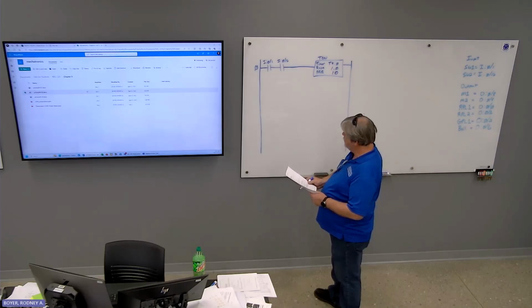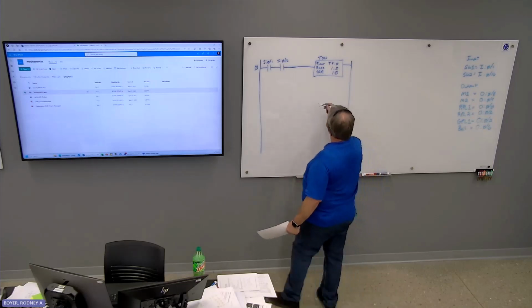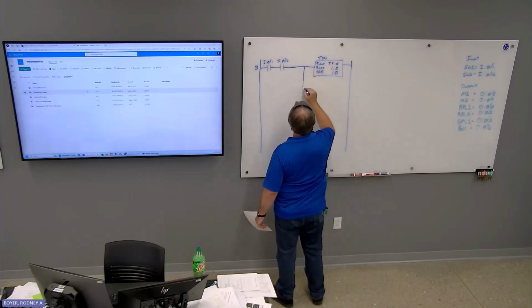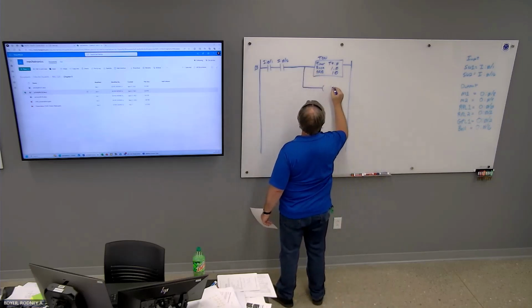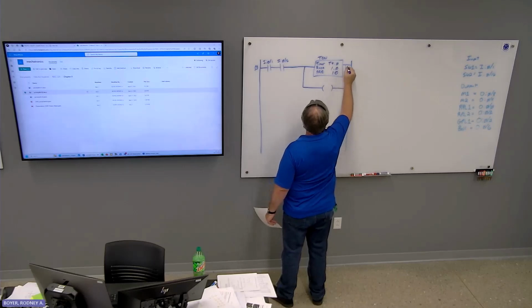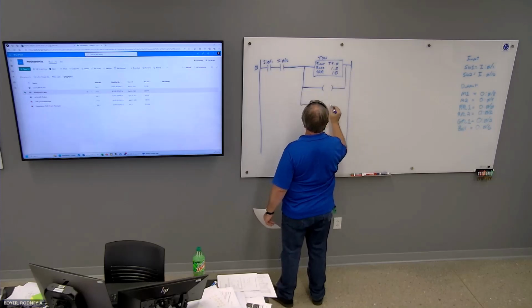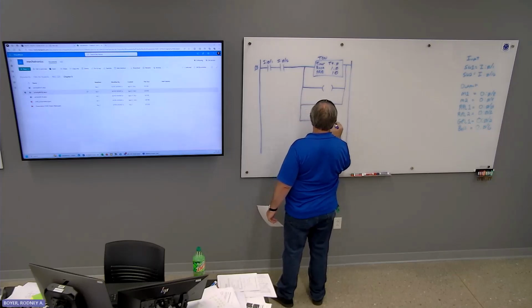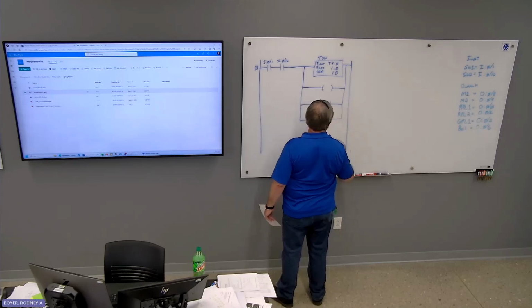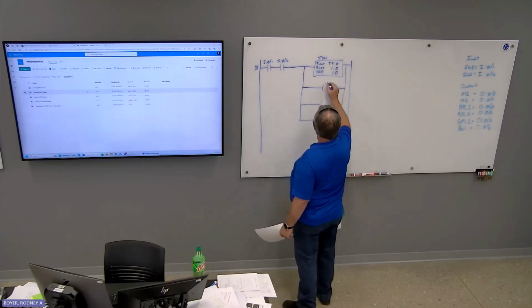Okay, so when switch two closes, first red pilot, motor one and bell. First red pilot, output 0, 0.